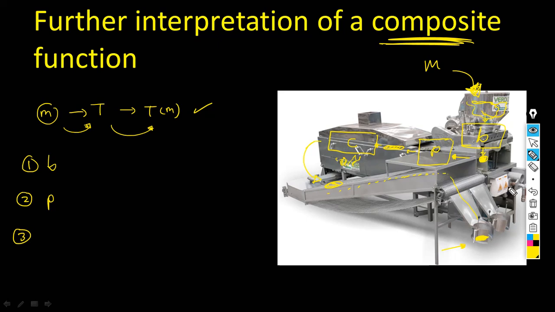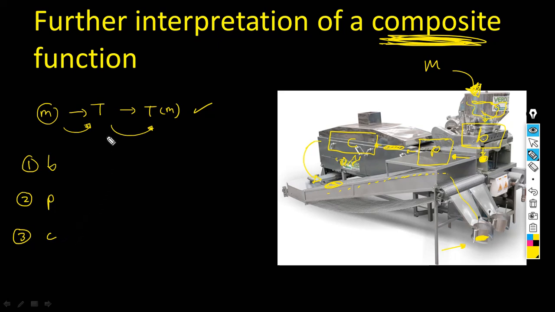Okay, so all of this machine, which can be conceived as machine T, the machine that produces tortillas, is actually composed of many simpler machines: machine B, machine P, and machine C. Machine ball, a machine that makes balls; machine P, which takes a ball and presses it; and machine C, which takes a pressed ball and cooks it.